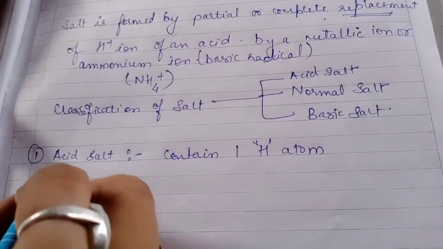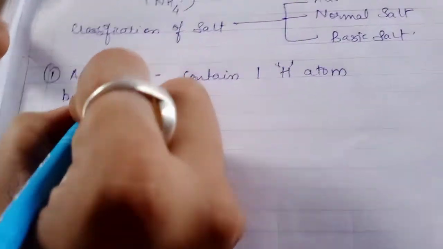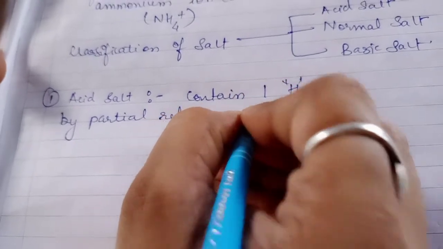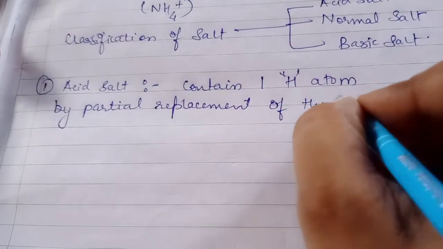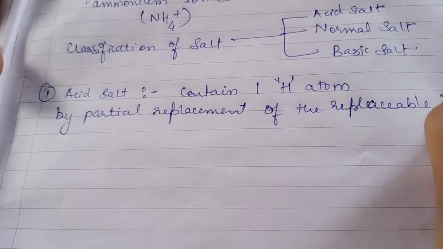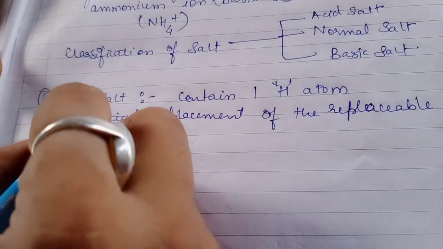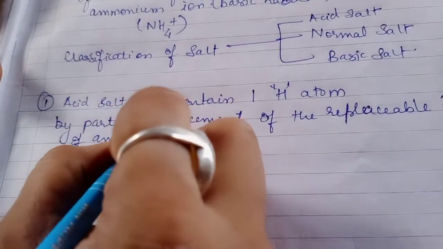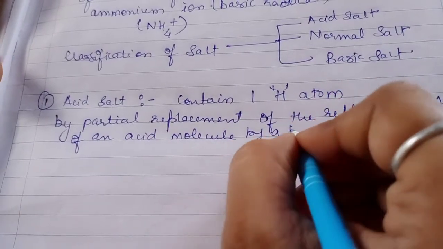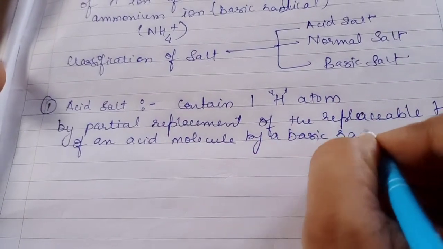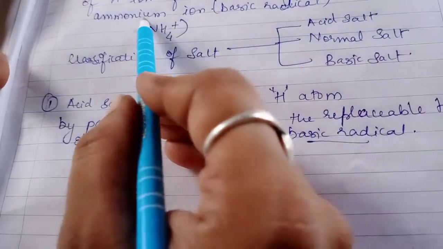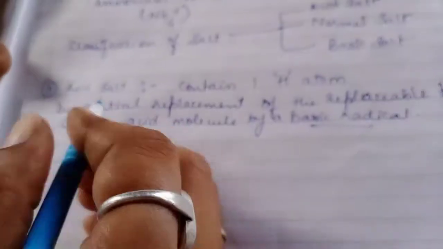Acid salt is formed by the partial replacement of the replaceable H plus ion of an acid molecule by a basic radical. Now this basic radical can be any metallic ion or any ammonium ion. Are you getting?